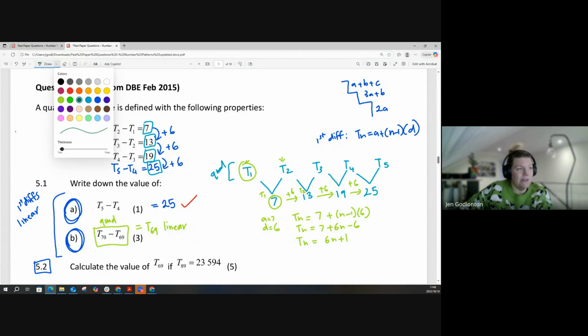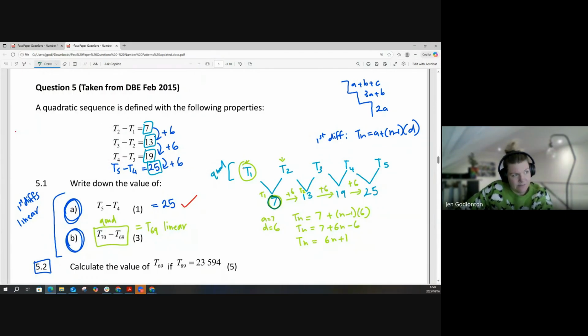So what we're looking at here is that 7 is T1 of our linear, this is T2 of our linear, this is T3 of our linear. T2 minus T1 of our quadratic is equal to T1 of our linear.